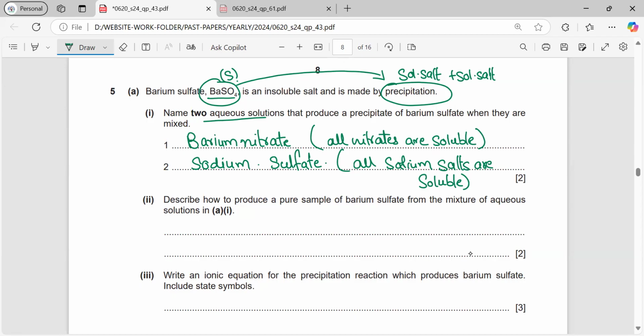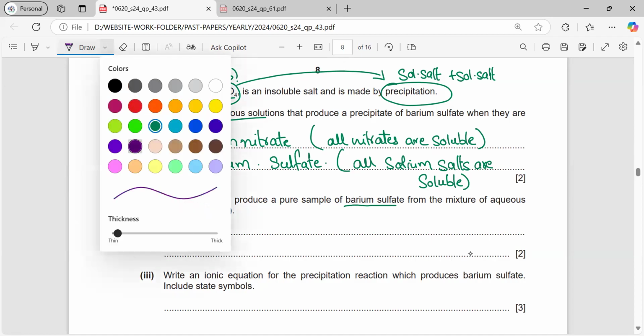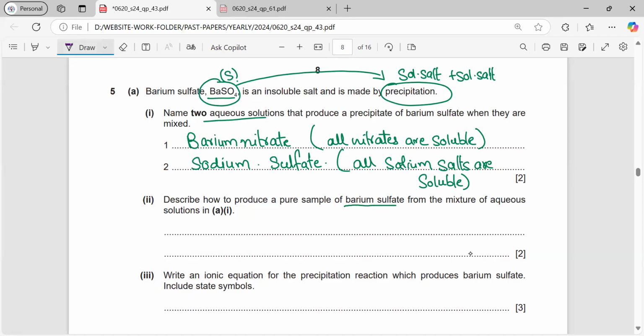Describe how to produce a pure sample of barium sulfate from the mixture of aqueous solutions. So if we have a mixture of a soluble salt and an insoluble salt with a precipitate of barium sulfate, we can get it by filtration.